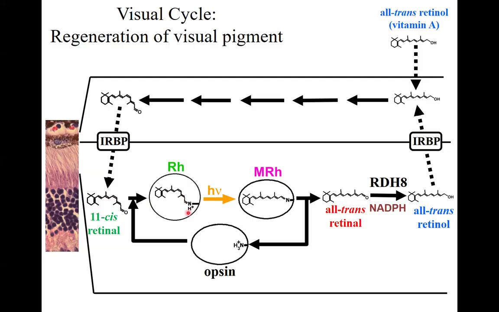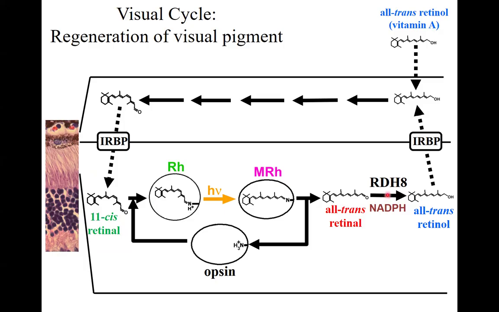I will not be discussing any other part of the visual cycle today, but this release of all-trans retinal provides us the means, if you like, to look at NADPH. The reason for this is that all-trans retinal is reduced to all-trans retinol within the outer segment.